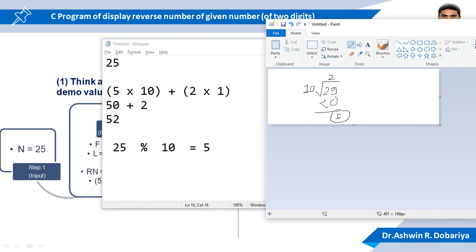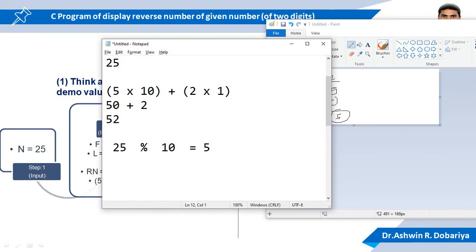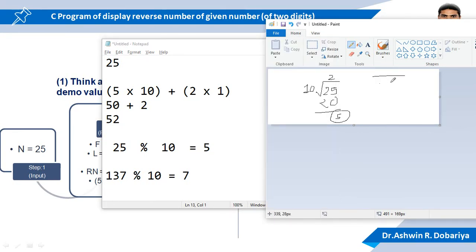Suppose we take another example, like 137 modulus 10. Then what should be the output? 7, obviously. How can we know that? See here, 10 divides 137. How do we do the division operation? 10 multiplied by 1 is 10.